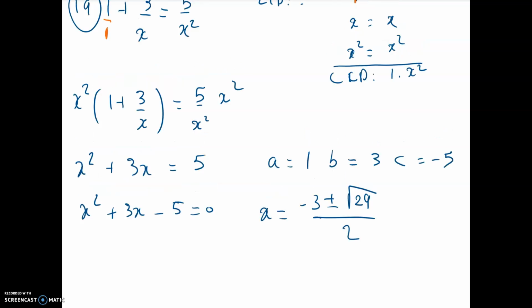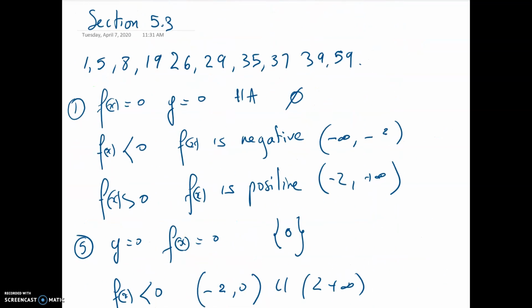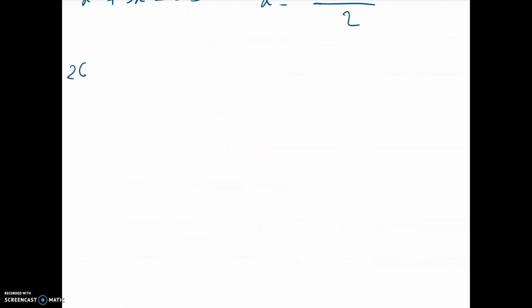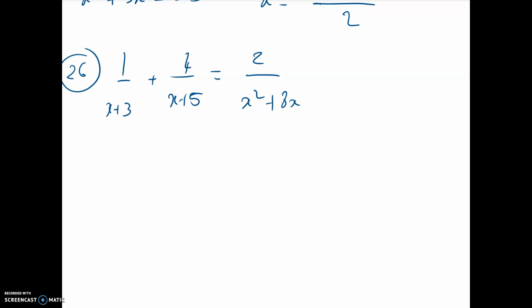All right, so now the next problem, I think it's 26, and then 29. In this problem number 26, we have 1 over x plus 3, plus 4 over x plus 5, equal to 2 over x squared plus 8x plus 15.